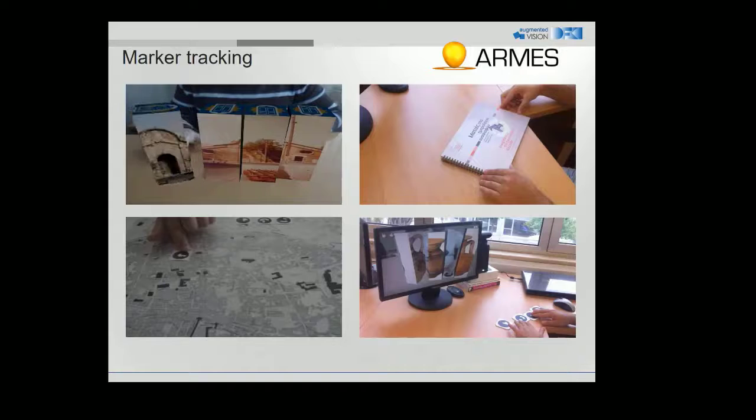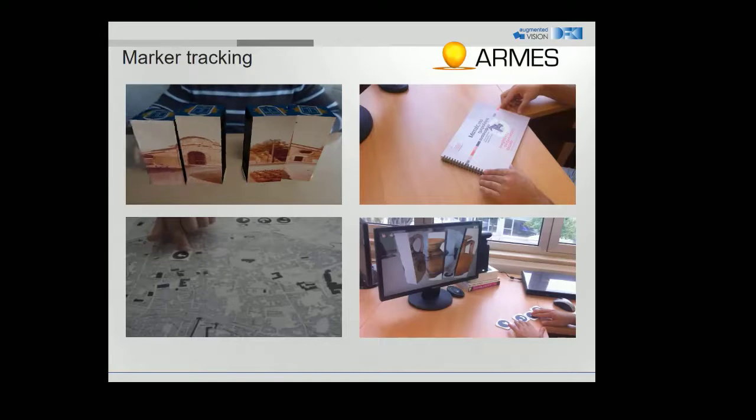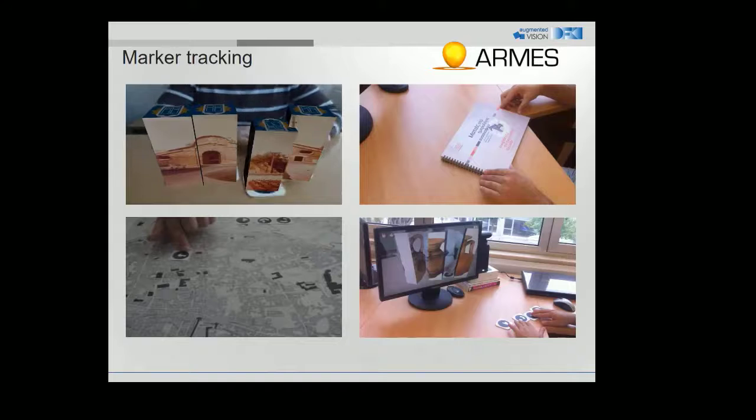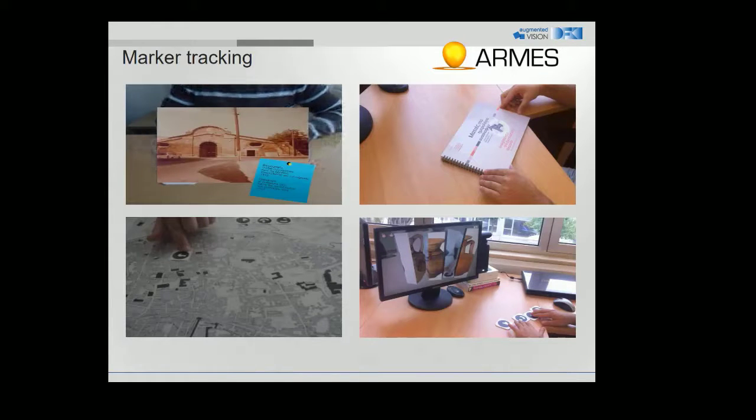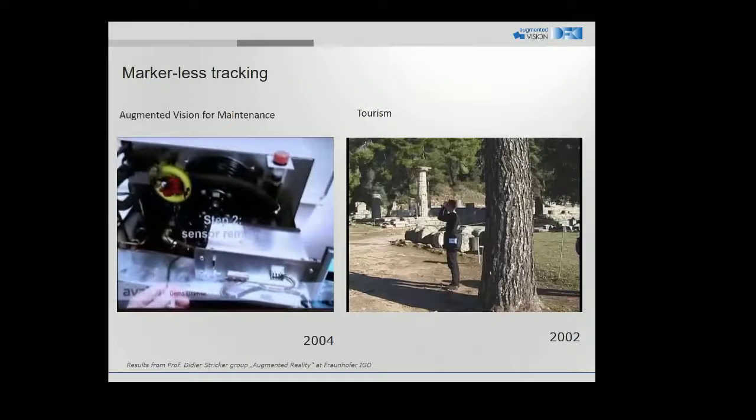Having the position of the markers available, we can then create our 3D contents based on the position of the camera. For example, in this slide we can see a small game that is being played.